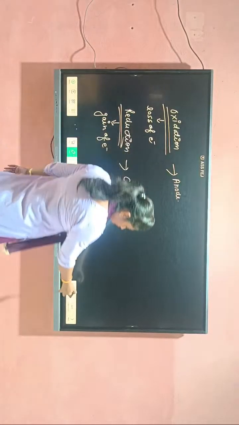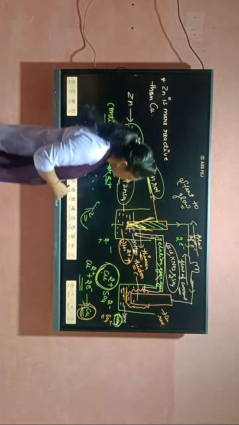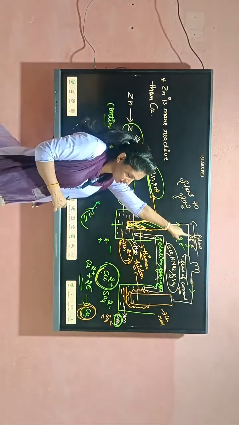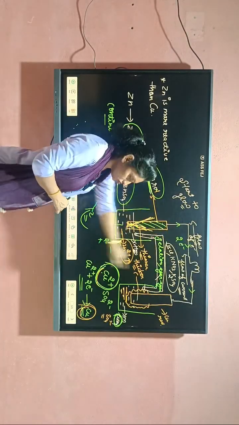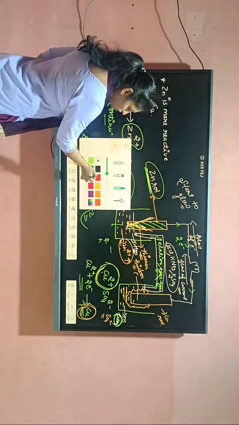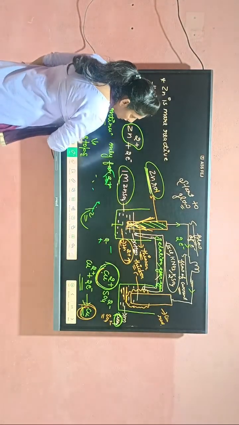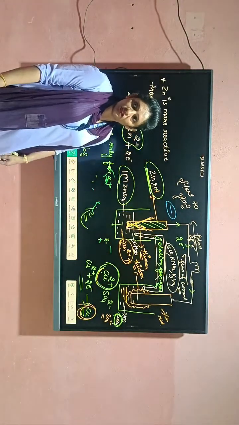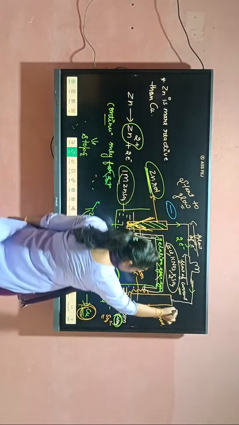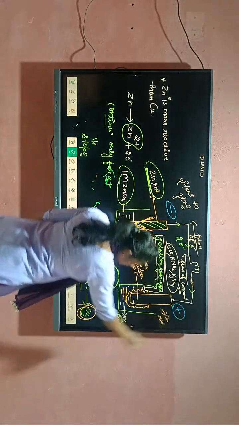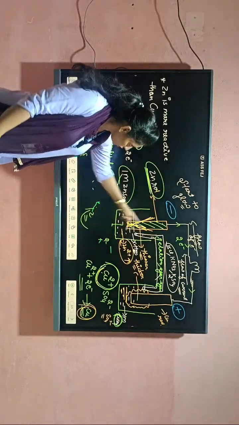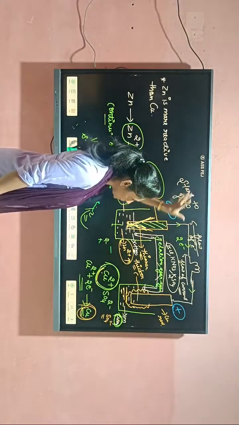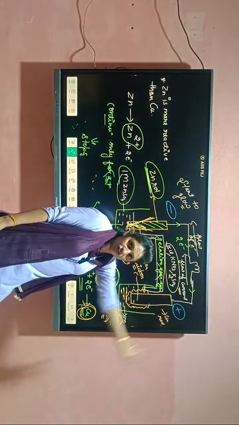Now you can see here, production of electron is taking place. So this rod is the negatively charged rod. Clear or not? And this one is the positively charged rod. Production of electron is taking place here.